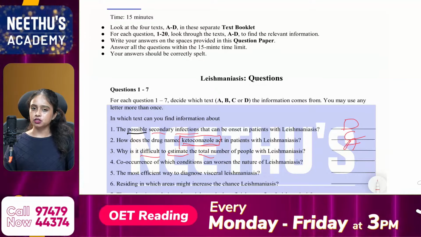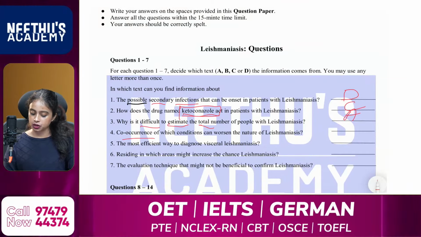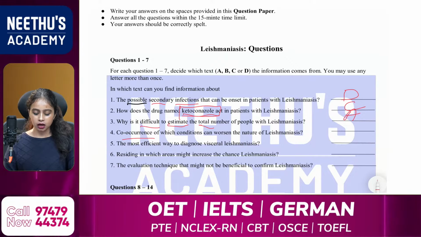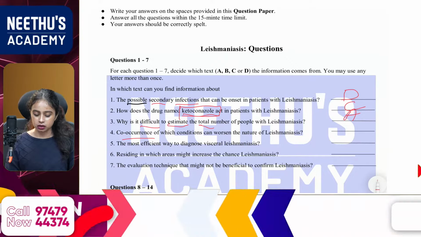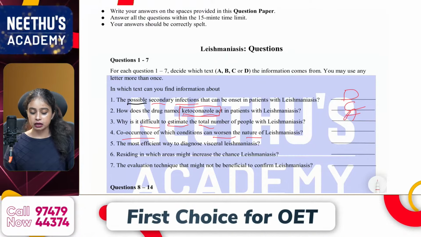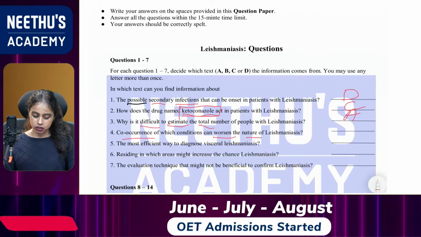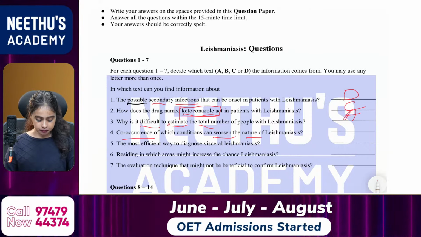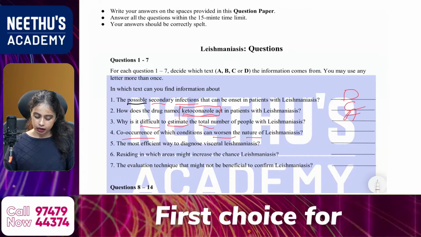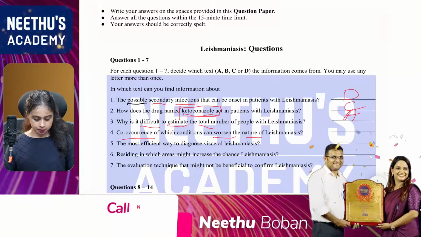Okay, so now we are jumping to the fourth question. Co-occurrence of which conditions can worsen the nature of leishmaniasis? So my keywords are co-occurrence, then worsen, then nature. Any idea? Fourth question. Okay, third question is text A. Okay, Lizzie. Okay, Megha, Priya. So what about the fourth one?